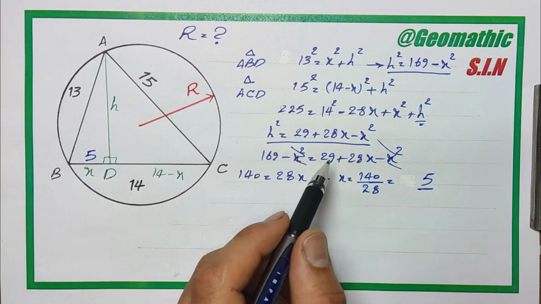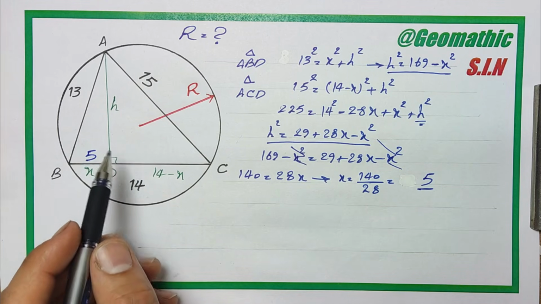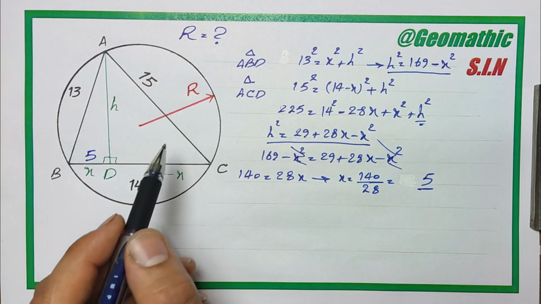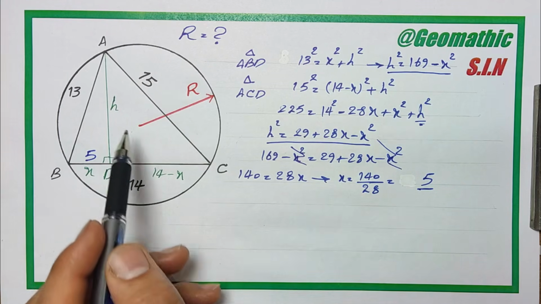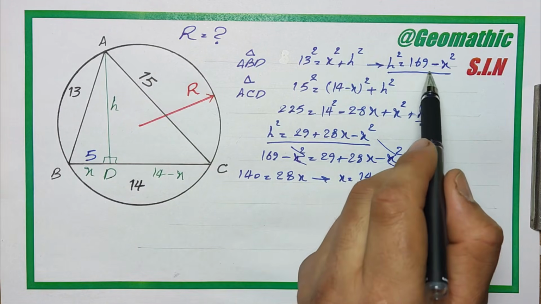Now that we have the value of x, which is 5, we can substitute it into one of our equations and determine h. I will go with the first one.